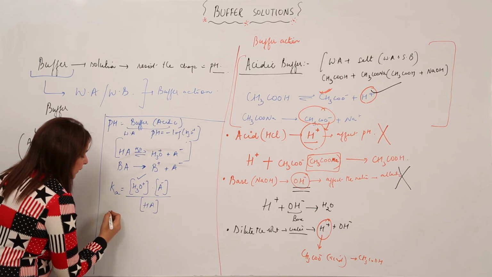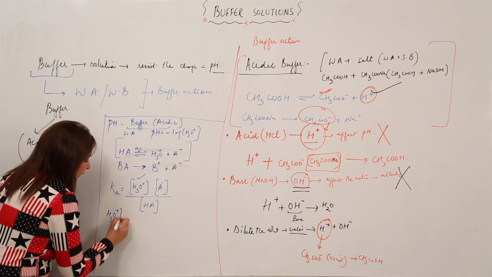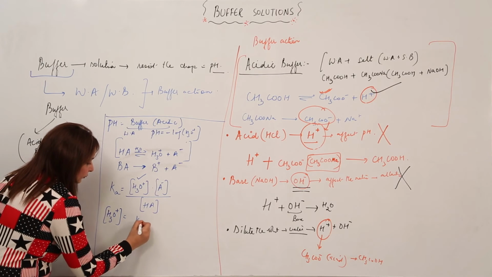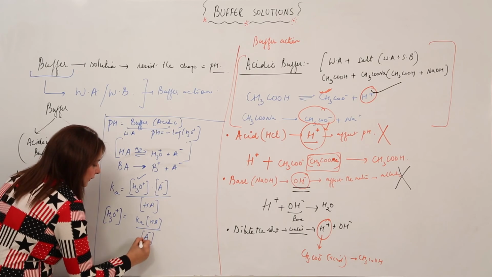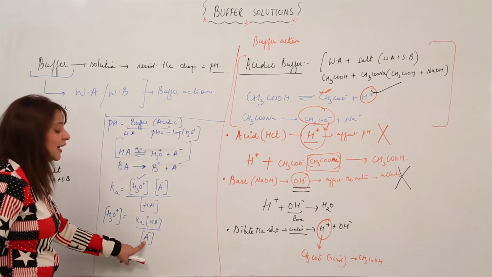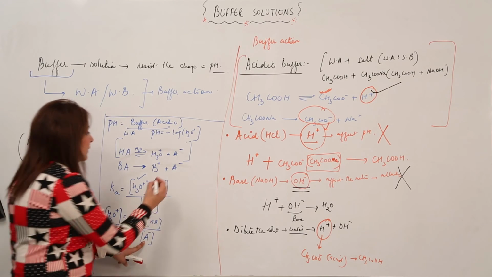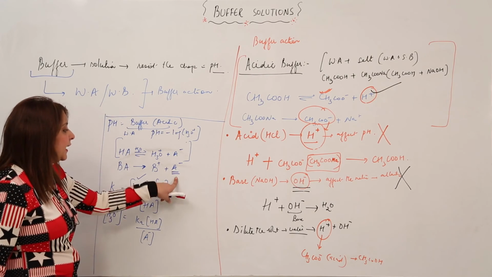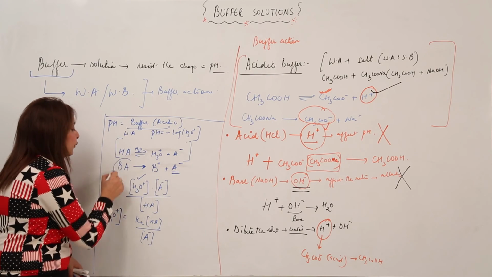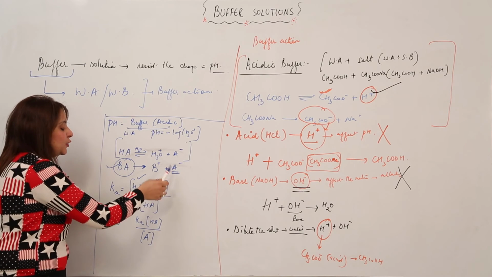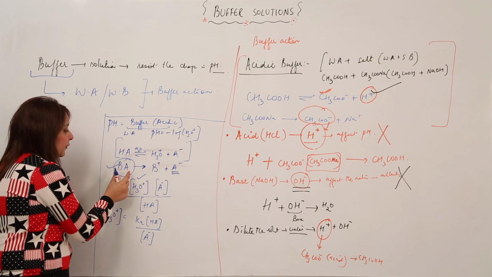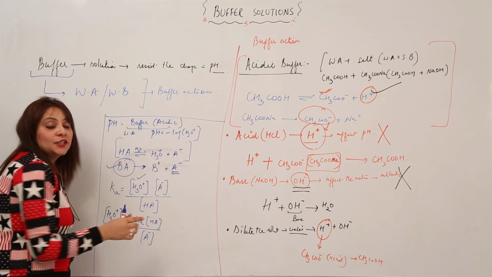I am just keeping it here and just shuffling everything. So I have this. Right. Now, what is the concentration of this A negative? That means this A negative will be just equal to the concentration of the salt, because at equilibrium the concentration of this and this are just equal, right?